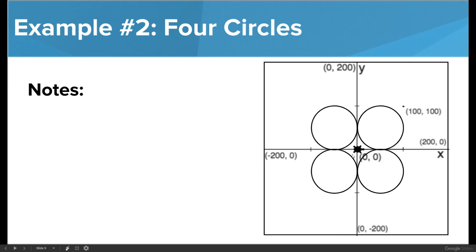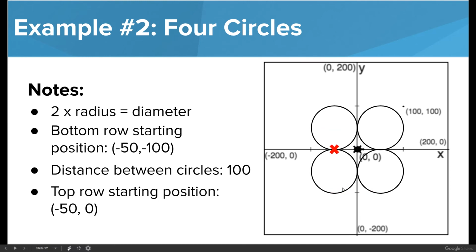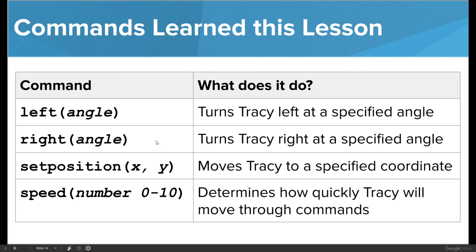To be efficient with this, I could just have Tracy draw each one at a time, but we can be a bit more efficient if I start Tracy down here, remember she always draws a circle from the bottom. I could have Tracy draw one circle, move forward, draw another circle, right? And that's going to be repeated. She's going to do the same command twice. Then I can just set her position to right here and do the same command again. So you can try to be efficient that way with those 4 circles.